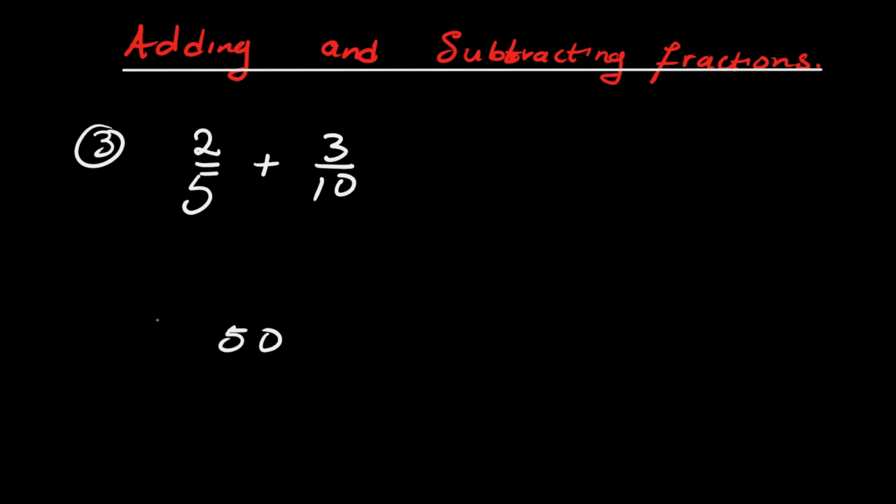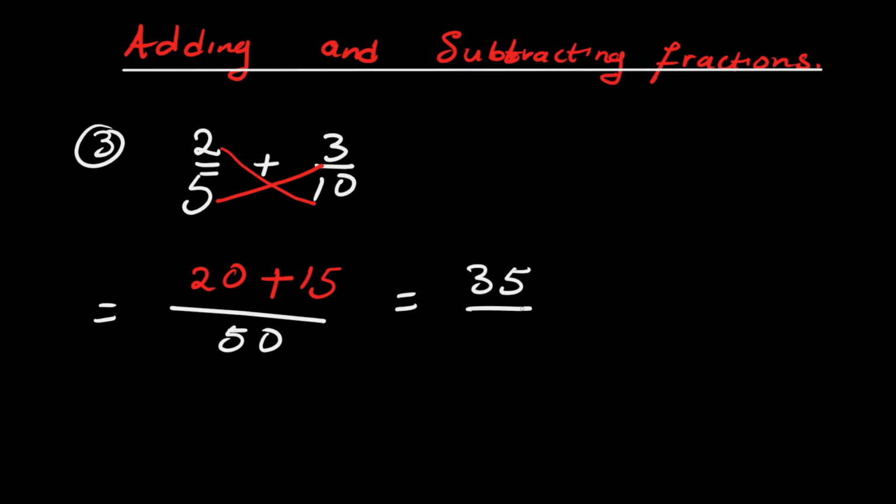You get 50. Then you multiply 2 and 10, which gives you 20. Then you multiply 5 and 3, you get 15. Then drop the sign, which is a positive in this case. So 20 plus 15 gives us 35 over 50.